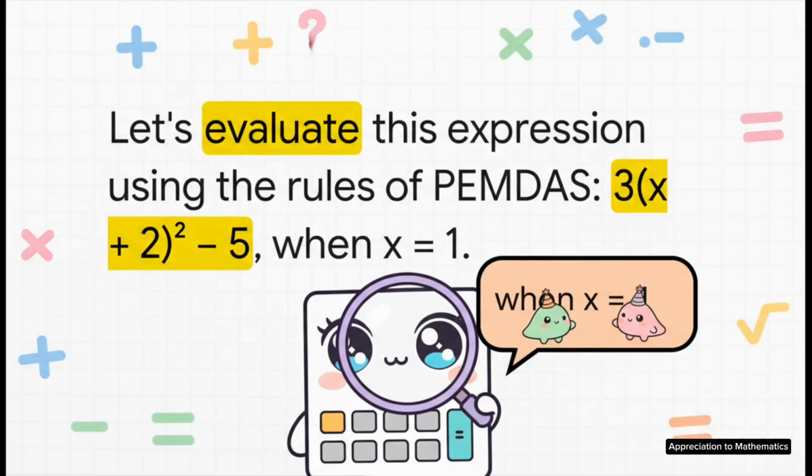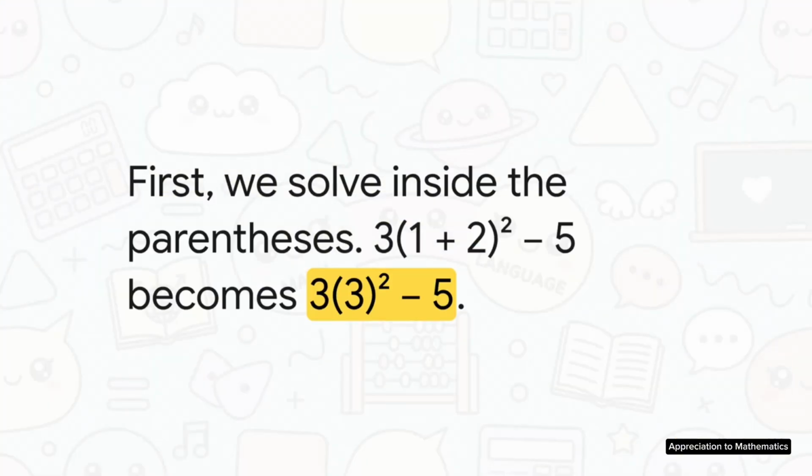So, let's put this grammar to the test, shall we? Here's a mathematical phrase. We're told that our variable x is equal to 1. Our job is to use the rules of PEMDAS to figure out the one single value this whole thing represents. Okay, following PEMDAS, P comes first, so we start with parentheses. We substitute 1 for x, and 1 plus 2, well, that gives us 3.